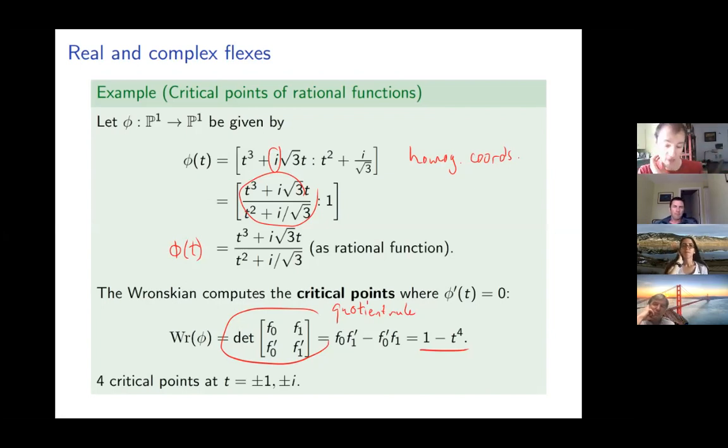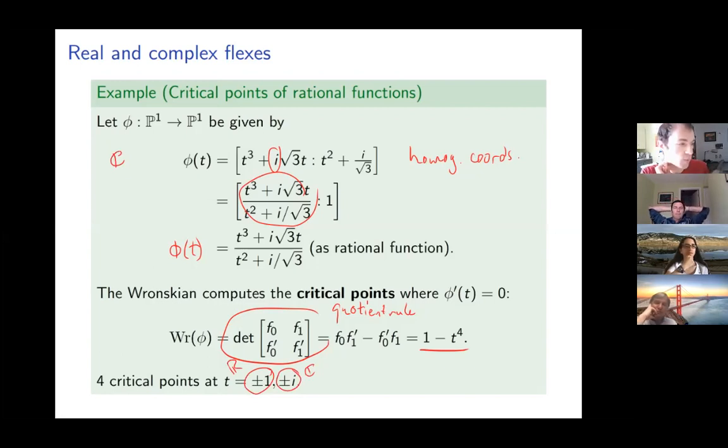One thing I want to point out, the other reason why I think this example is interesting, is that we started with something working over C. This rational function involved complex numbers, excuse me. But the critical points we got were a mixture of real and complex critical points.